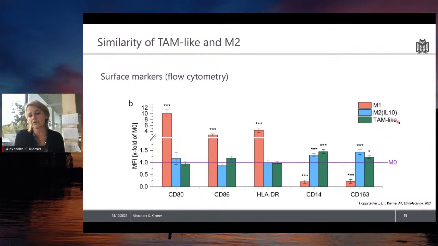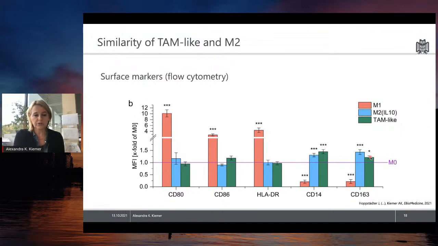And what you can, I think, also see is that these TAM-like cells cultivated in the presence of tumor cell conditioned medium do show, regarding the surface markers, quite a strong similarity to these M2 cells. So definitely there is some similarity.